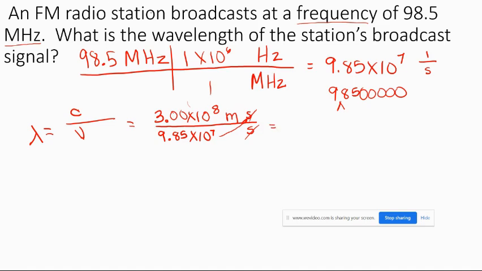Does meters make sense when we are solving for wavelength? Yes. Okay, let's see if we can get this to come up right in our calculator. I ended up with 3.05, how many sig figs? 305, and that's going to be meters. There is my answer.